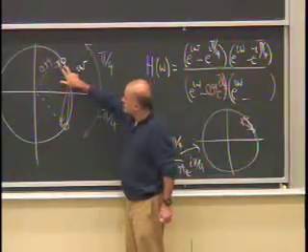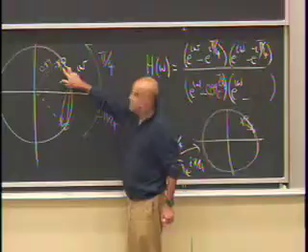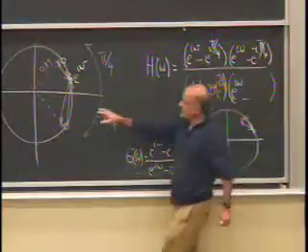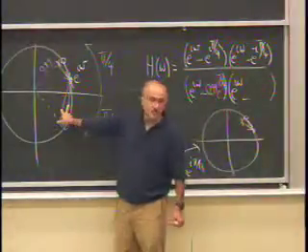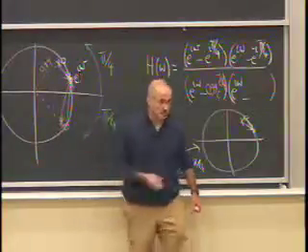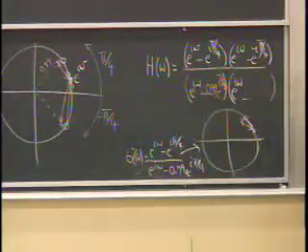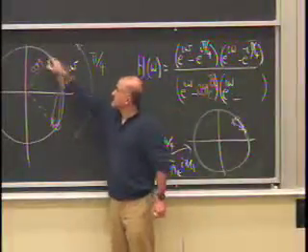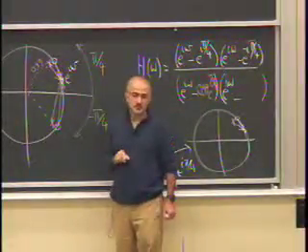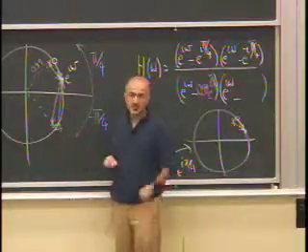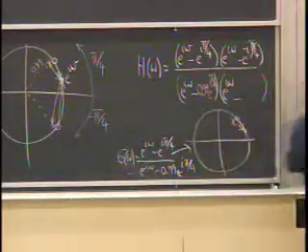Now, if this guy is roughly equal to this guy, this part, I get approximately 1. And this blue vector is approximately equal to this blue vector, I get approximately 1. So the whole product is approximately 1. Now, what happens when I approach pi over 4, from this side or this side? It goes to 0. And what about this guy? Same thing.